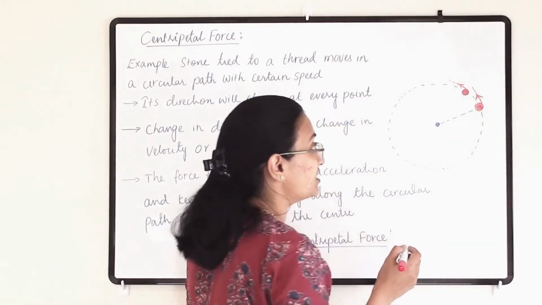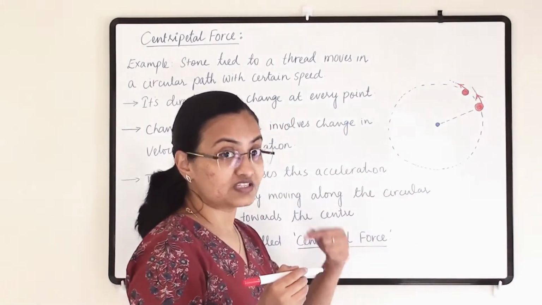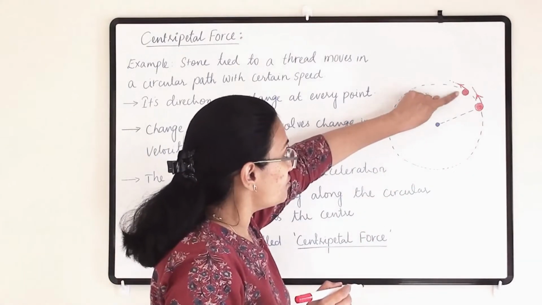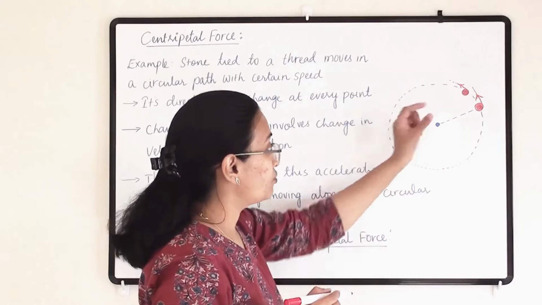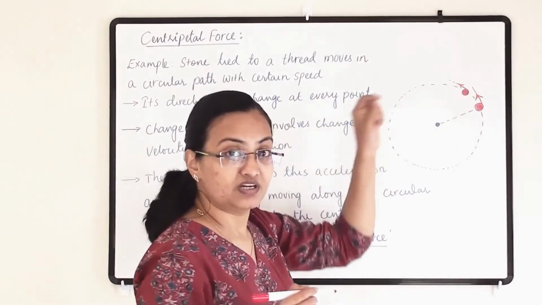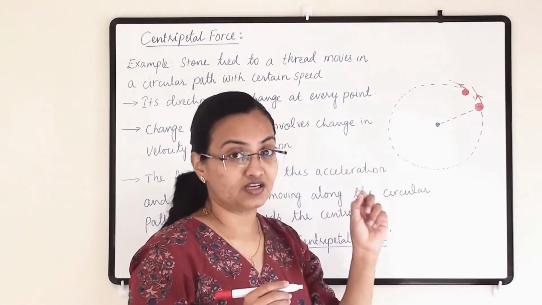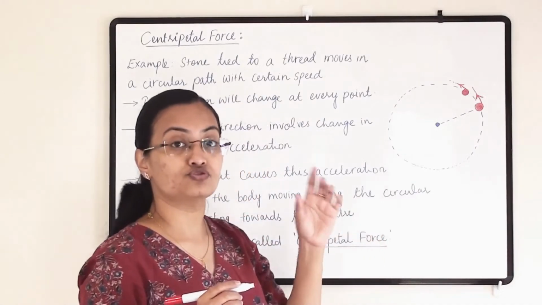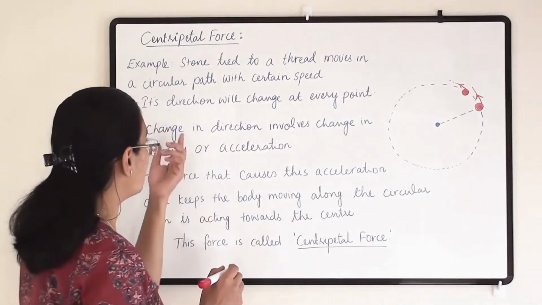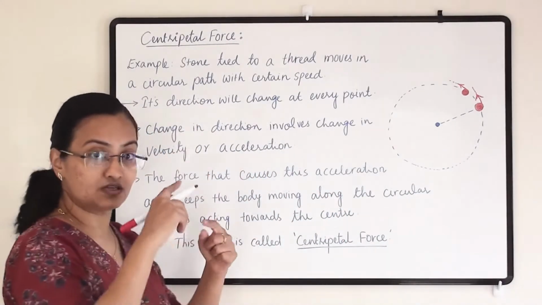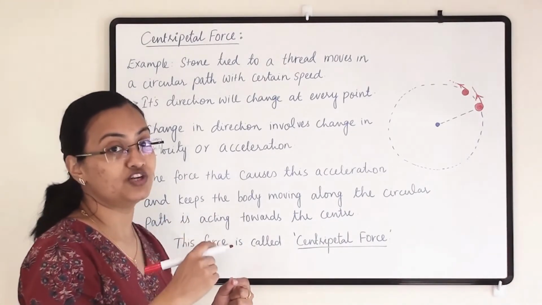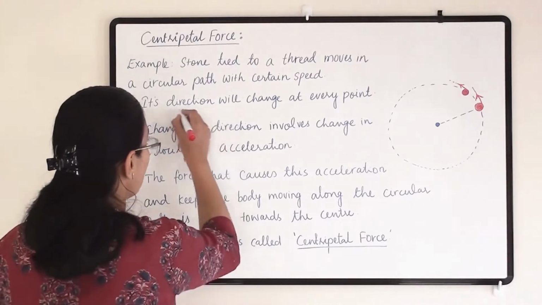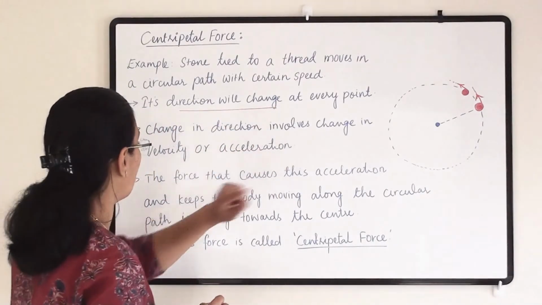So at each and every point of the circle, the direction of the stone is going to change. However close you take the points, at each and every point the direction of the stone will change. So this is one important point: in a circular motion, at each and every point the direction of the object will change.